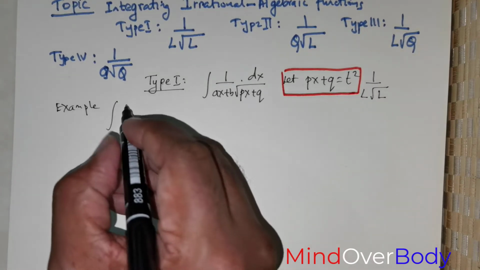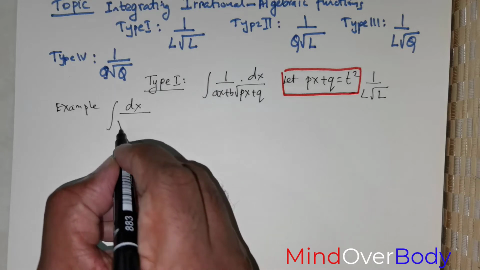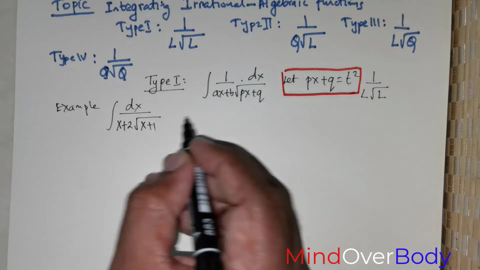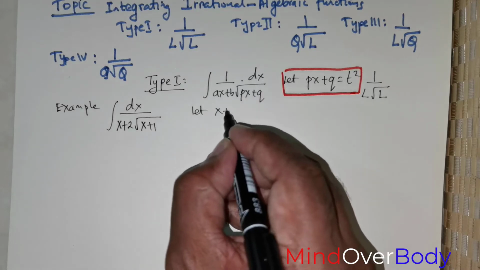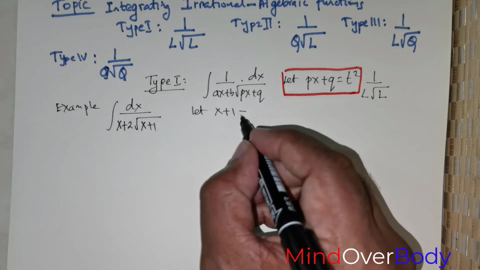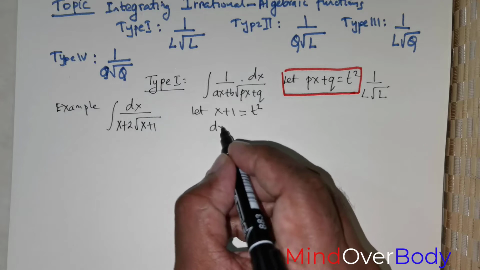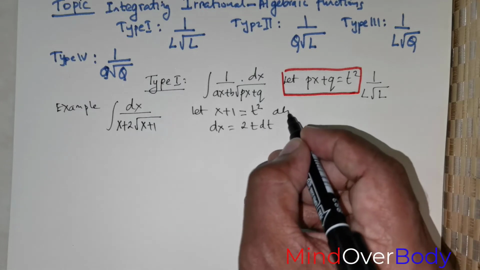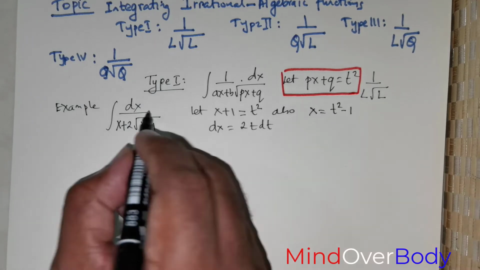We are asked to integrate the integral of dx over (x plus 2) times root of (x plus 1). As I mentioned to you, the quantity inside the square root we need to make the substitution for, and that would be: let x plus 1 be equal to t squared. I differentiate both sides, I would get dx is equal to 2 times t times dt. And from here I can also write x to be equal to t squared minus 1.